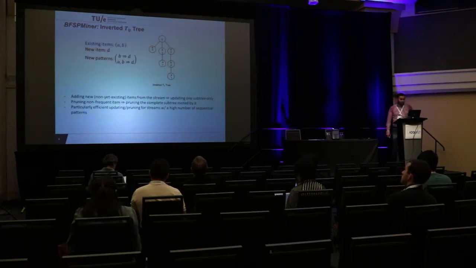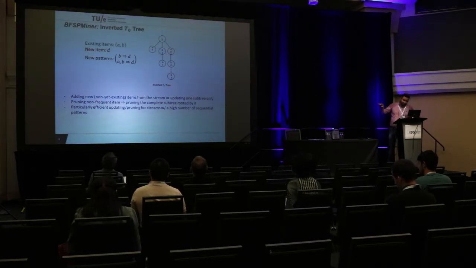We will discuss in the experimental evaluation that it's not a serious issue. So this is the inverted prefix tree that we are using for storing our patterns. Assume that we now have the items A, B stored in black in the tree, and we have a new item D appearing. Because it does not exist previously in the tree, we insert it as a root, at the top, and we have the previous ones following it.